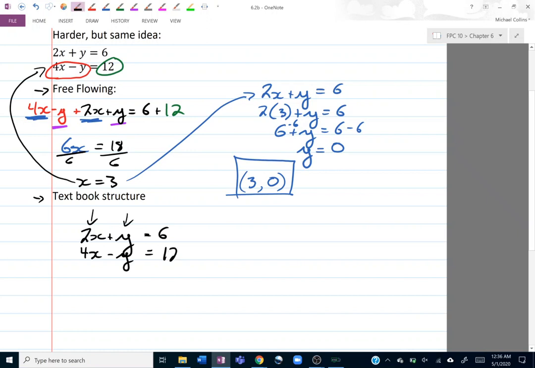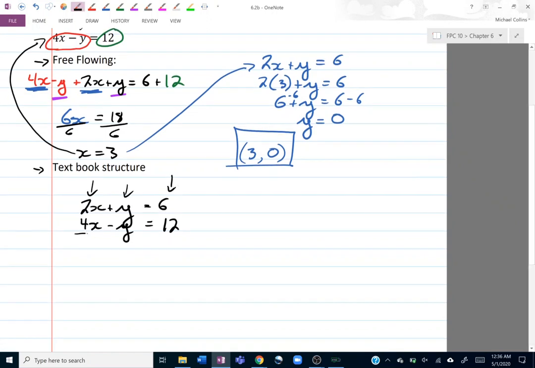This is a 12, and I want my constants in a column. And then I'm going to do some addition. My 2x plus 4x is 6x. My y plus a negative y is 0. And that's equal to 6 plus 12, which is 18.